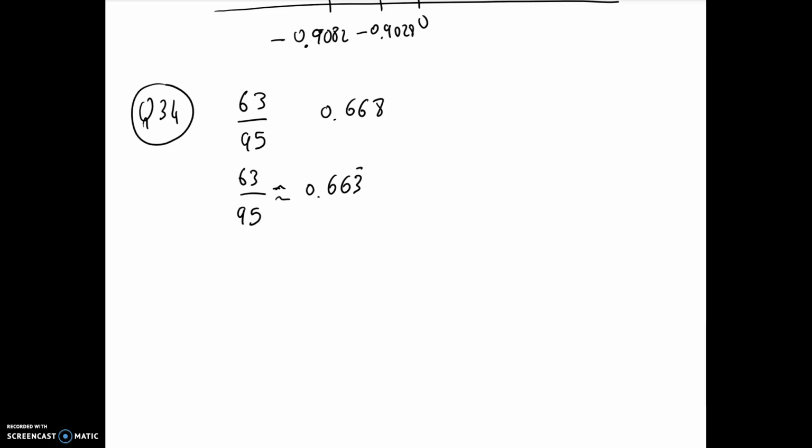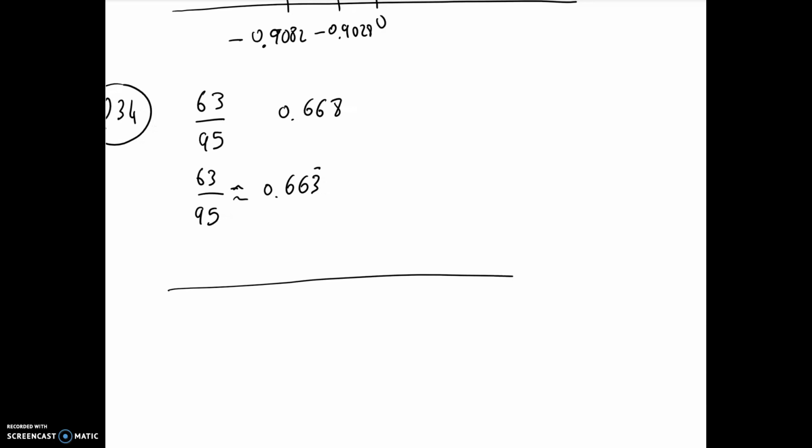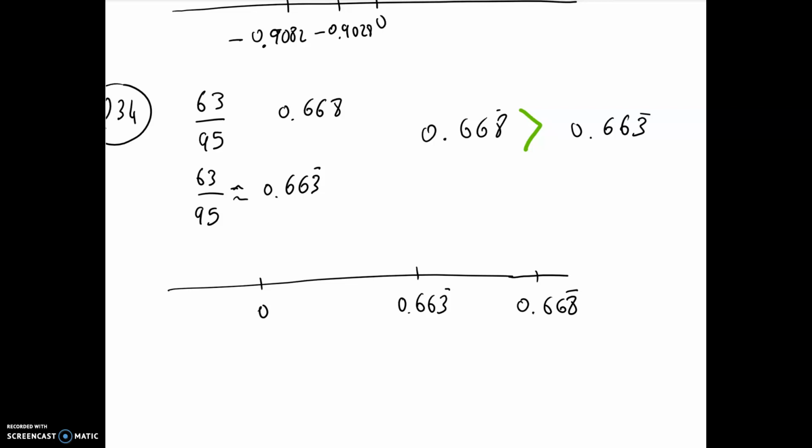So obviously I can clearly say, again, number line, 0 is right here, 0.663 is right there, and 0.668 is right here, and I can clearly say that 0.668 will be greater than 0.663.